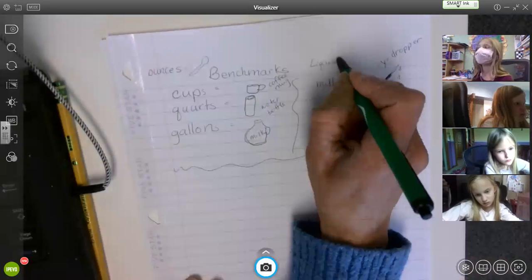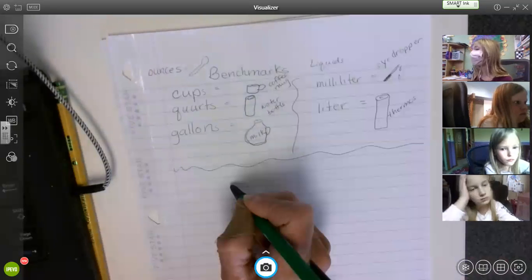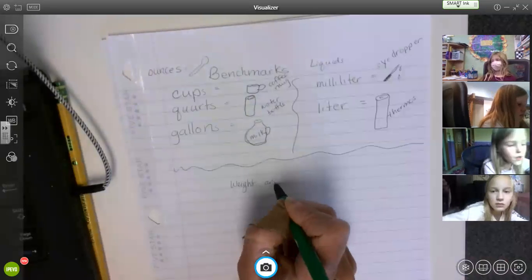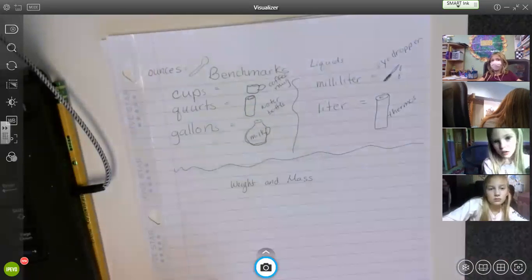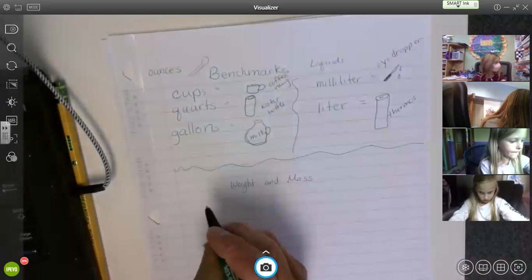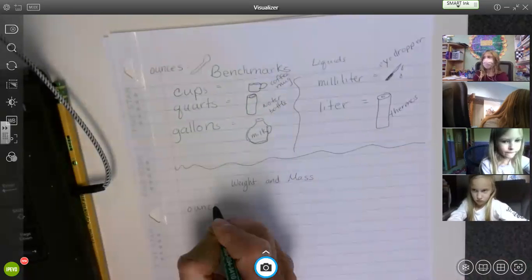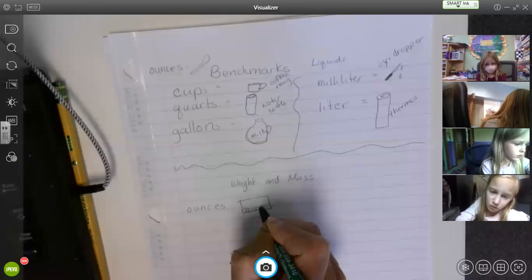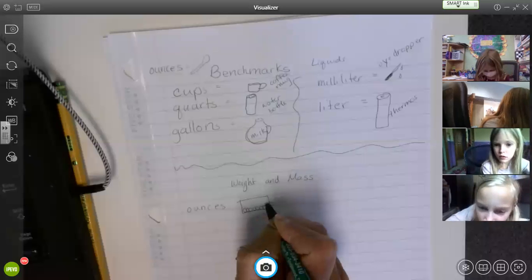And then we talked about weight and mass as well. On our first day, we talked about ounces being a bag of pennies. Ten pennies was about an ounce.